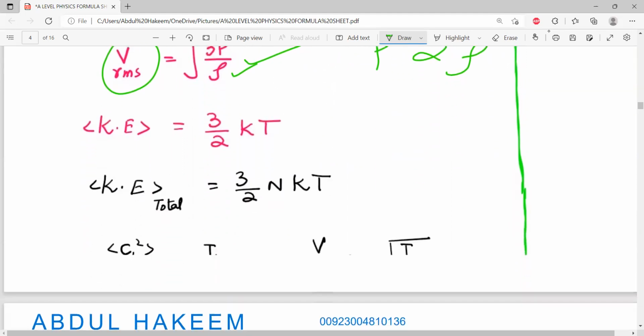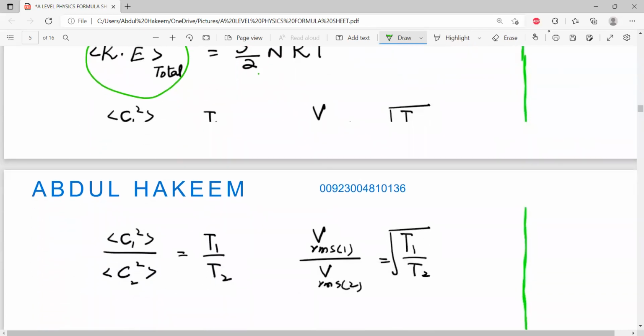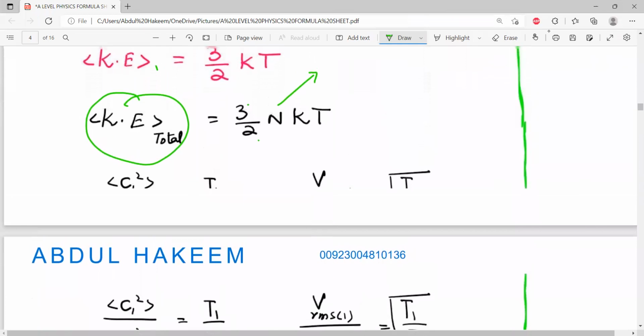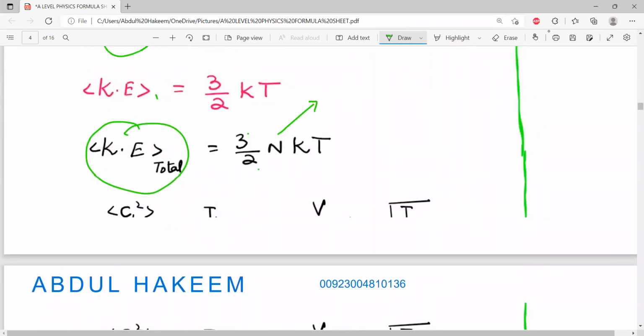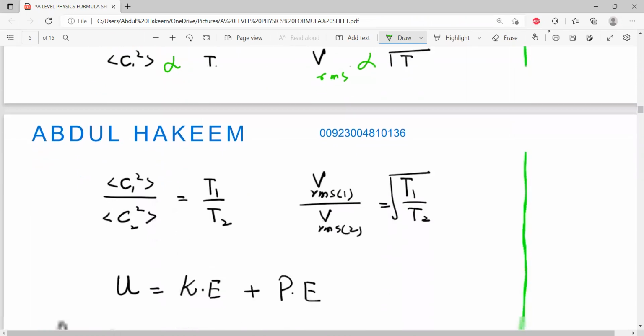Then kinetic energy is equal to 3 by 2 kT. This is the kinetic energy of one molecule, and the total kinetic energy becomes 3 by 2 NkT, where N is the number of total particles, total molecules in the ideal gas. So from this equation, we can write that mean square speed is directly proportional to temperature, and RMS is directly proportional to the square root of temperature.